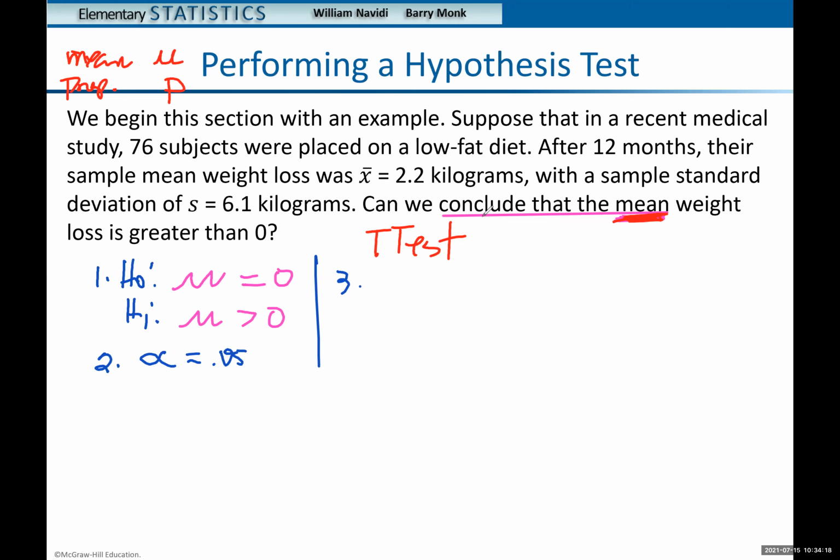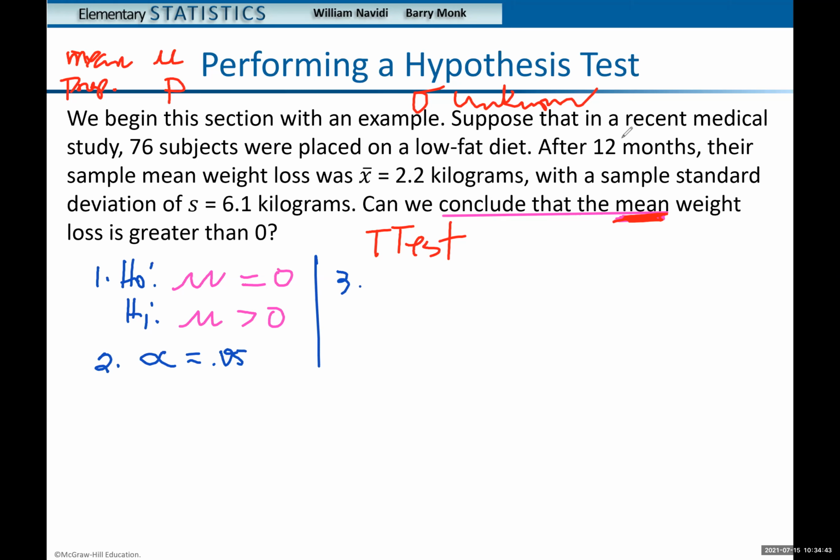So remember, this is similar to 8.2, where the population standard deviation is unknown. For an interval, we use t-interval, right? So for hypothesis testing, we use t-test. Okay, I want you to try now. Get your calculator. Start test.